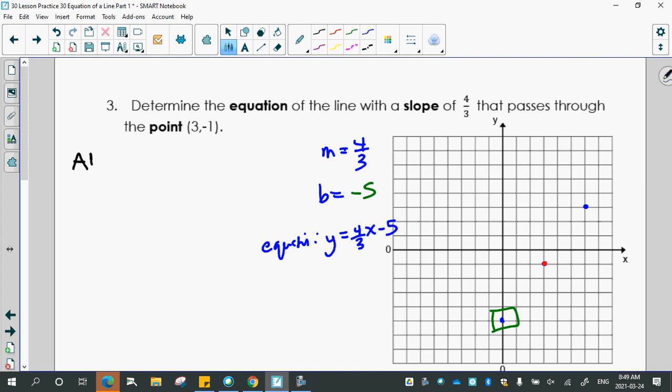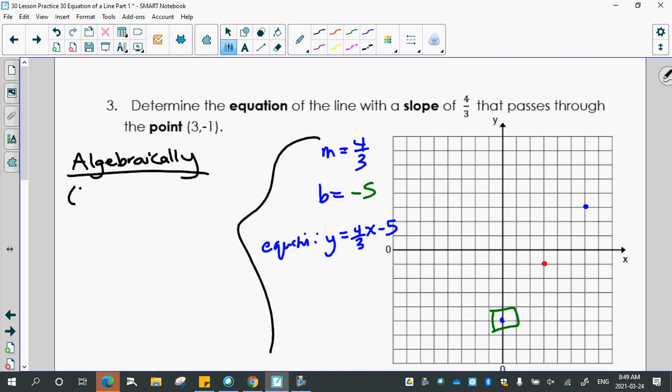Algebraically, so we take our point, label it x and y, we take our slope, and we know that they have to satisfy our equation of a line.